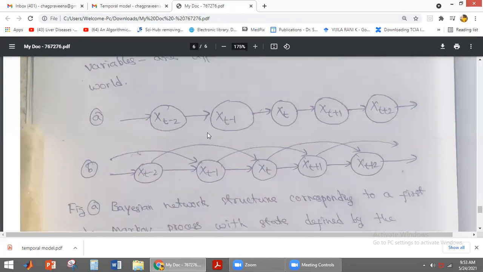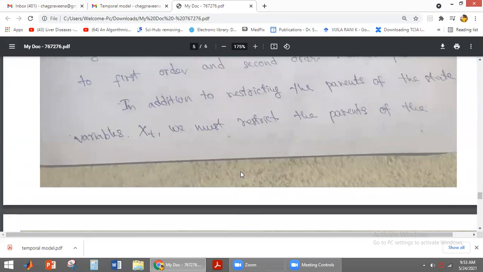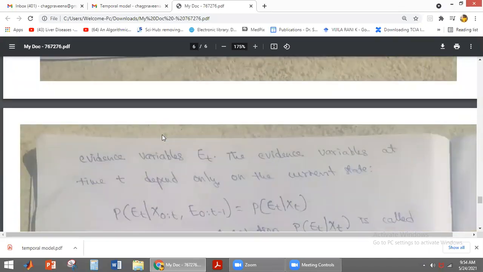In the second Markov process, xt depends upon its two previous states, xt minus 1 and xt minus 2. Here we are restricting the parents of the state variable xt. Now we also restrict the parents of the evidence variable et.